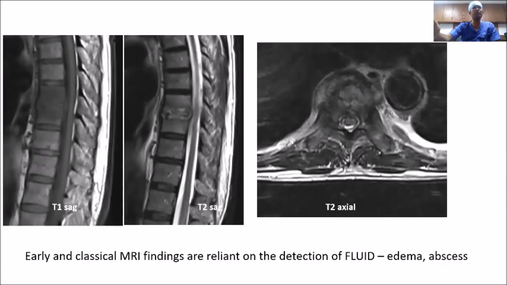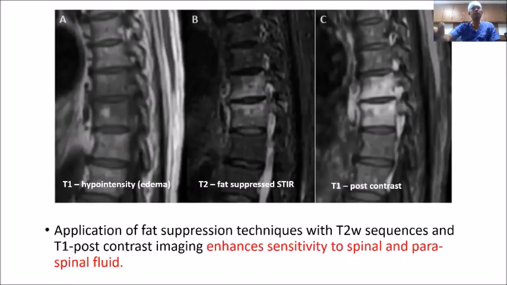This is the classical early MRI finding which we see in a patient with spondylodiscitis. Hypointensity in the T1 sagittal image, hyperintensity within the vertebra and the disc in T2 sagittal images. And in the T2 axial images, we look for paravertebral abscess collections. So the edema and the abscess are the key diagnostic features to make a diagnosis of spinal infections.